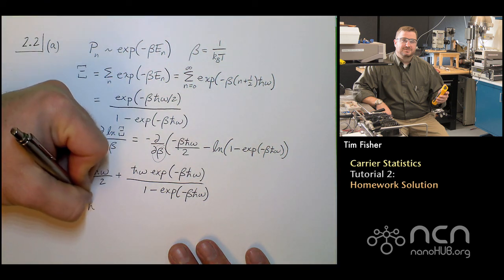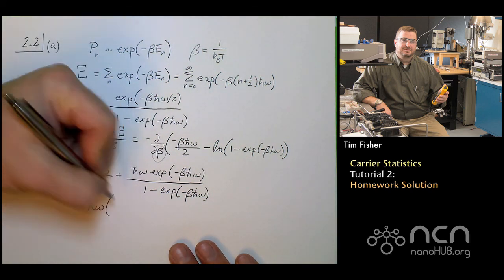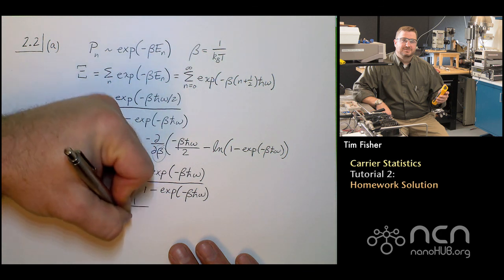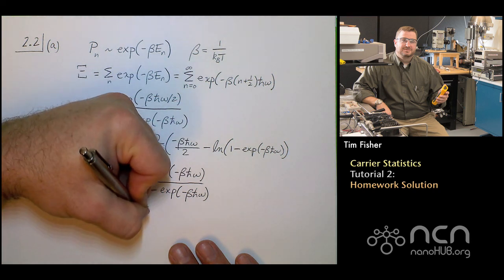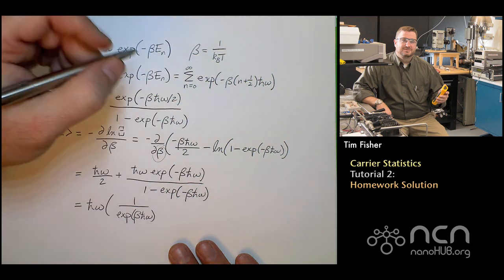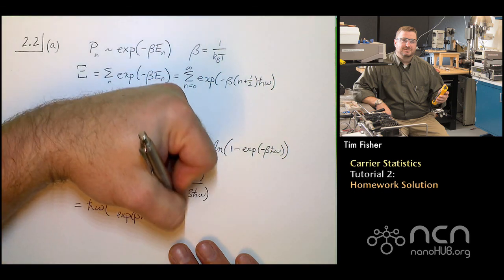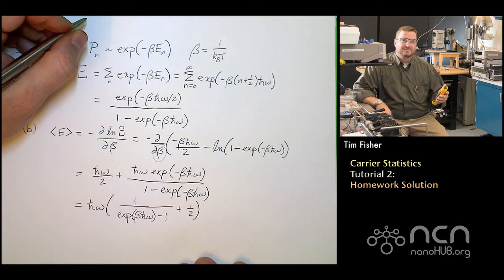We'll collect all of the energy quanta out in front, and this becomes 1 divided by e to the beta times h bar omega minus 1, so that's all in the denominator, plus 1/2. That is our 0-point energy.